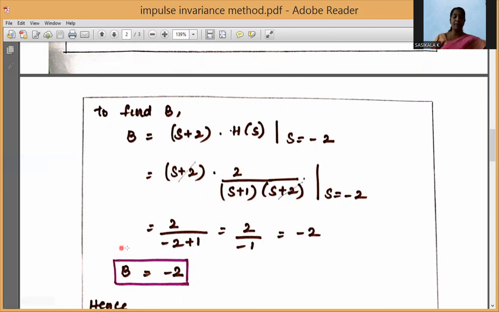So 2 divided by (-2+1), so 2 divided by -1, which is -2. So B is equal to -2 and A is equal to 2.